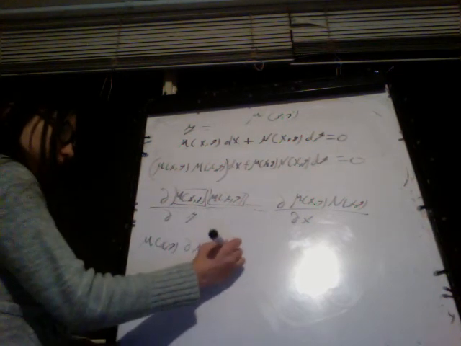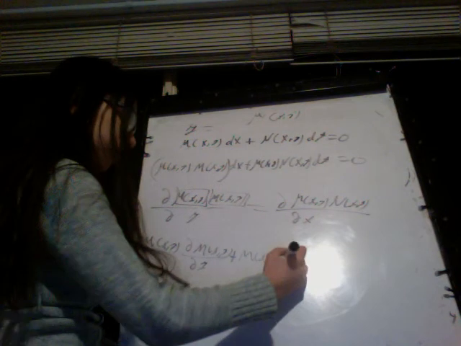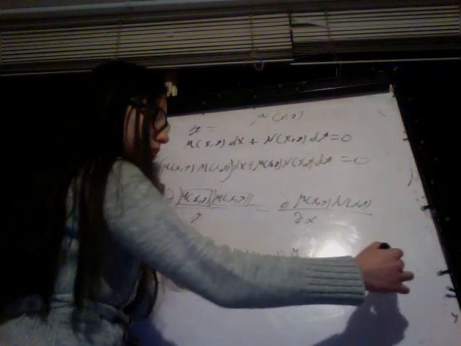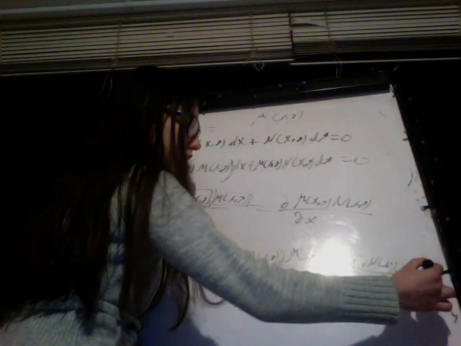So here would be mu(x,y) times the partial derivative of M(x,y) with respect to y, plus M(x,y) times the partial derivative of mu with respect to y, equals mu(x,y) times the partial derivative of N(x,y) with respect to x, plus N times the partial derivative of mu with respect to x.